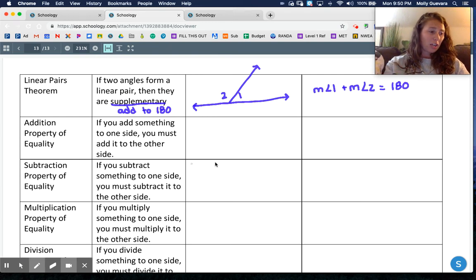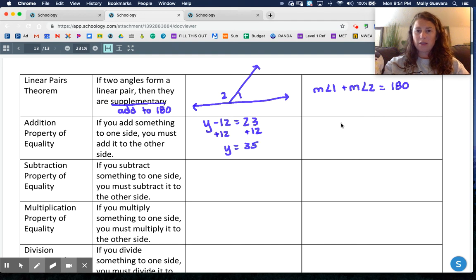to the other. So for example, if I have y minus 12 equals 23, I'm just making stuff up here, okay? This is saying, hey, if I add 12 to the left side, I also have to add 12 to the right side, right? And then in this case, I get y equals 35.